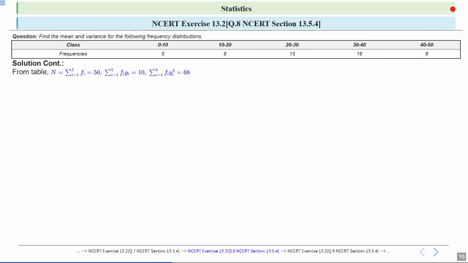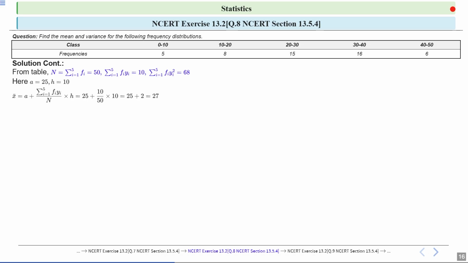From the table we have n equal to summation of fi is 50, summation of fi times yi is equal to 10, and summation of fi times yi square equal to 68. Here a equal to 25, h equal to 10.